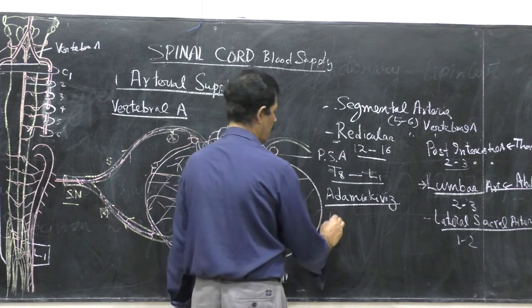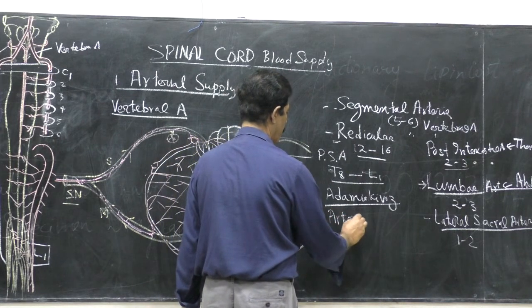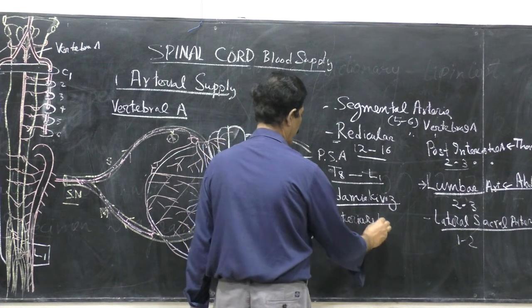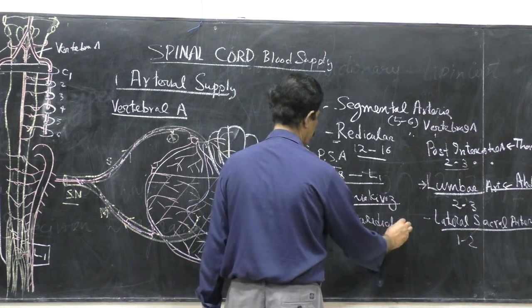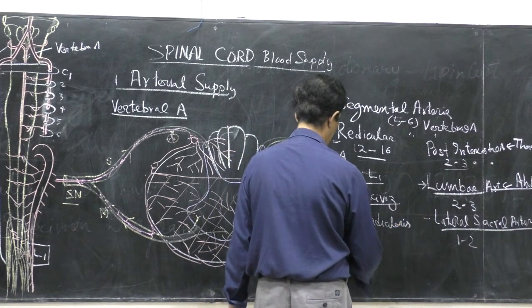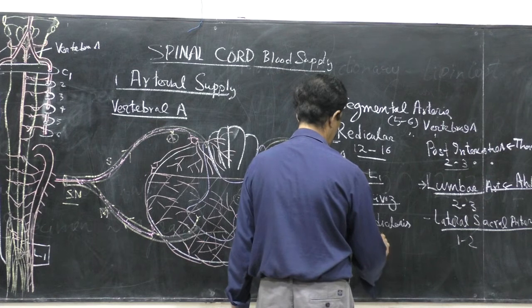This is also called Arteria Radicularis Anterior Magna.